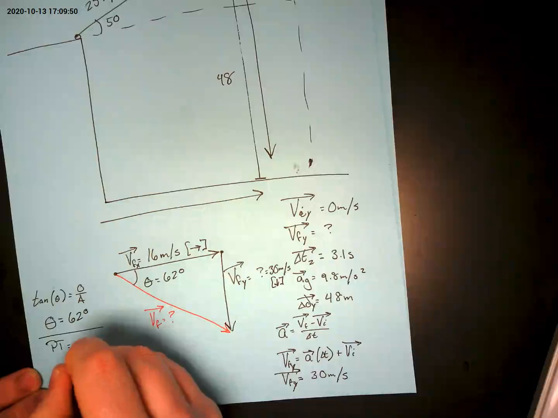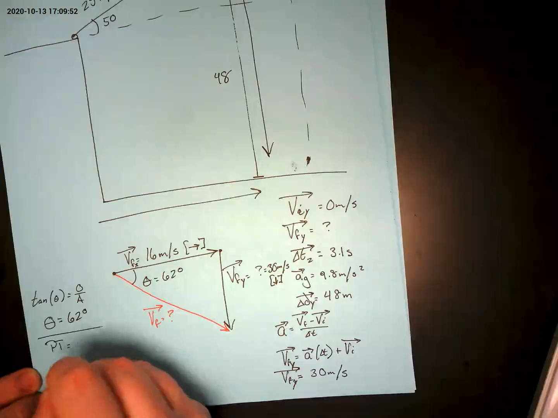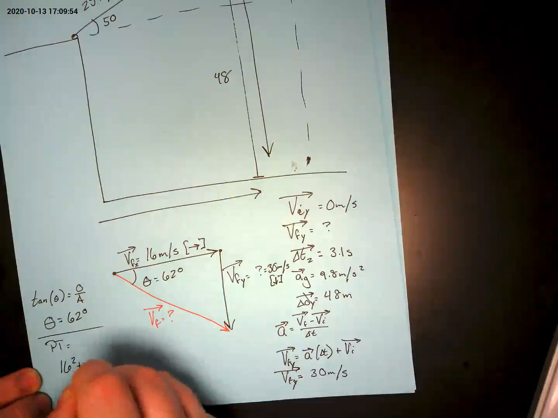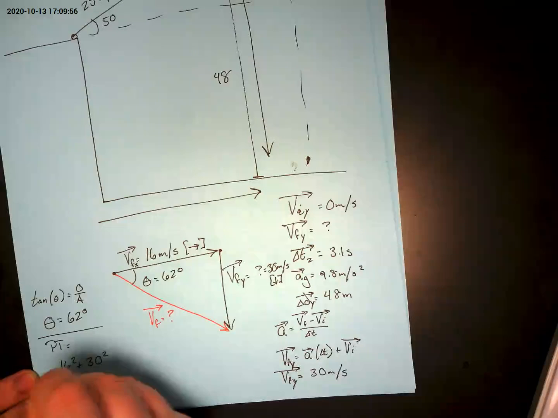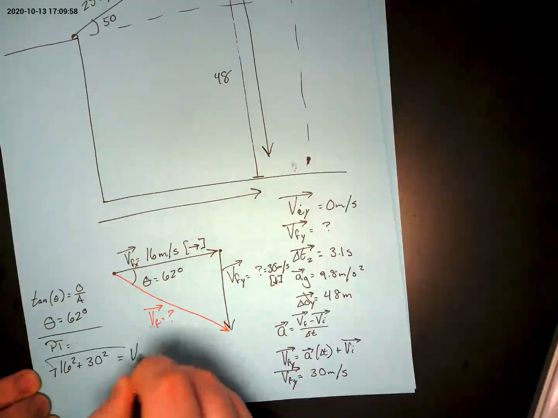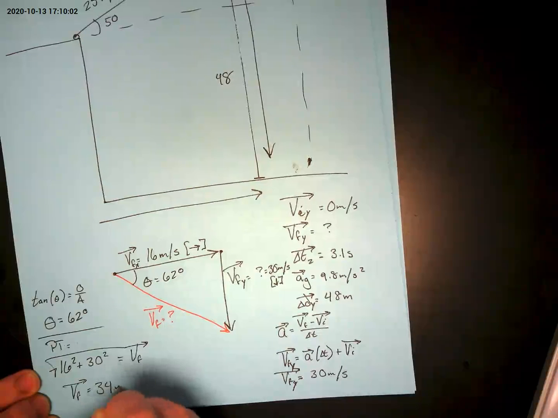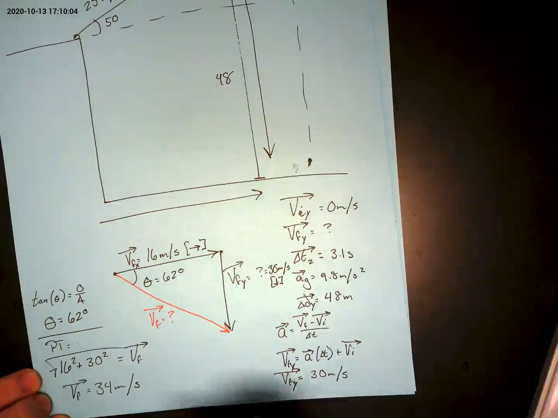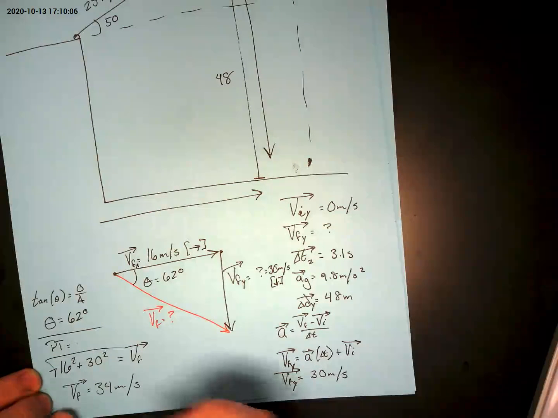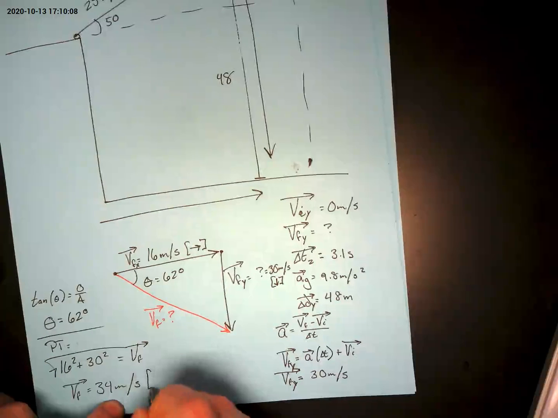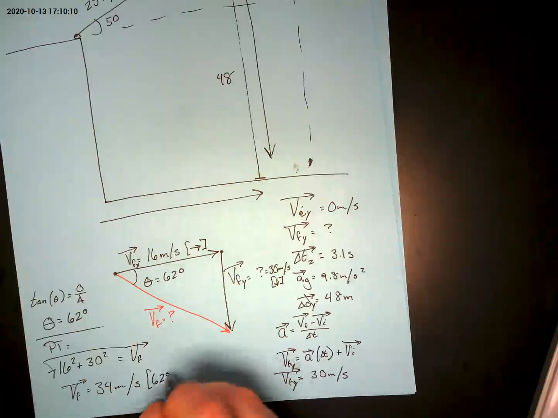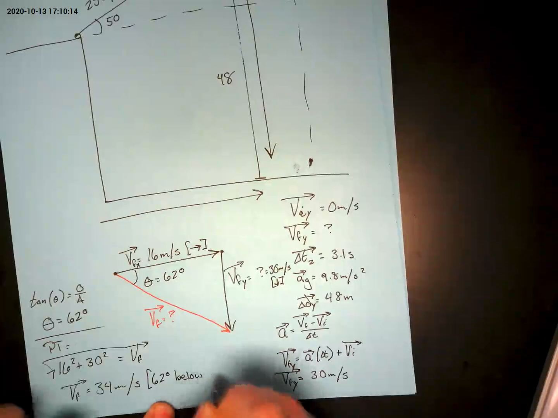Using Pythagorean's theorem, 16 squared plus 30 squared, the square root of that is going to give us VF, which is 34 meters per second. And then to tie it all together, to label it, it's going to be 34 meters per second, 62 degrees below the horizon.